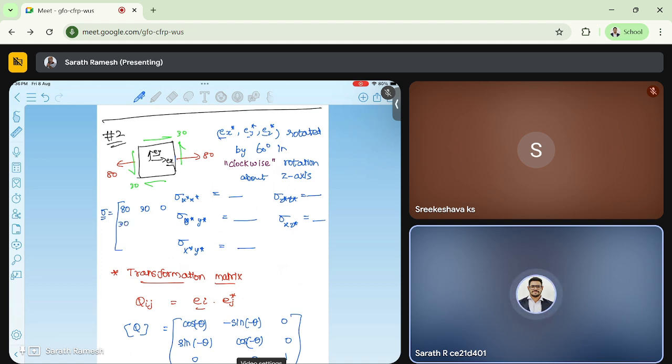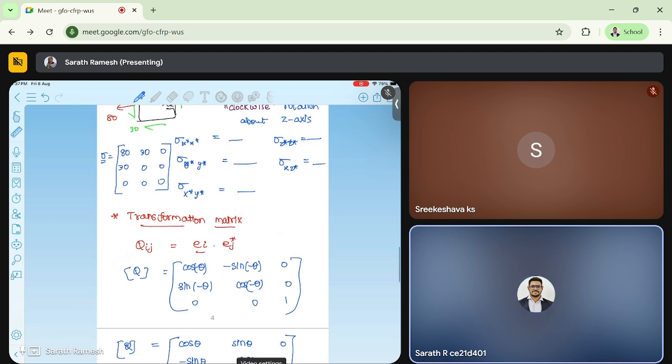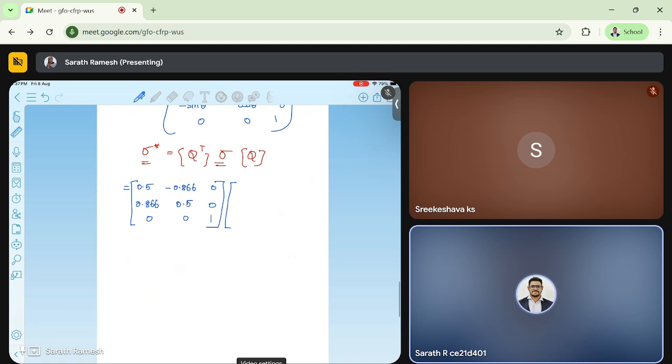And is there any sigma yy on the y plane? There is no normal stress in the y direction, so it is 0. And z is 0, of course, because this is a plane stress state. In plane stress state, all the z components will become 0. So this is my sigma: 80, 30, 30, 0, 0, 0, 0, 0, 0.